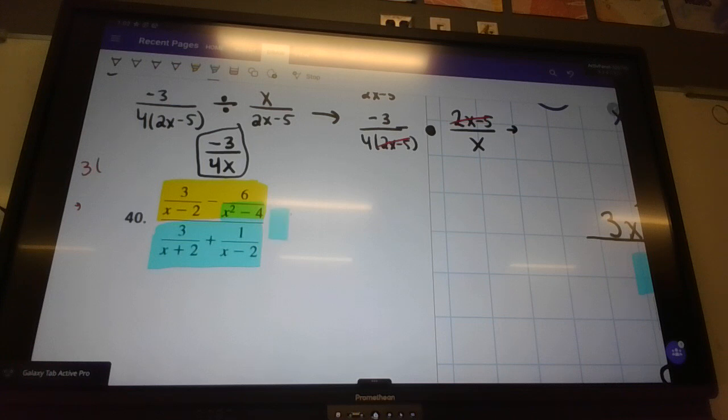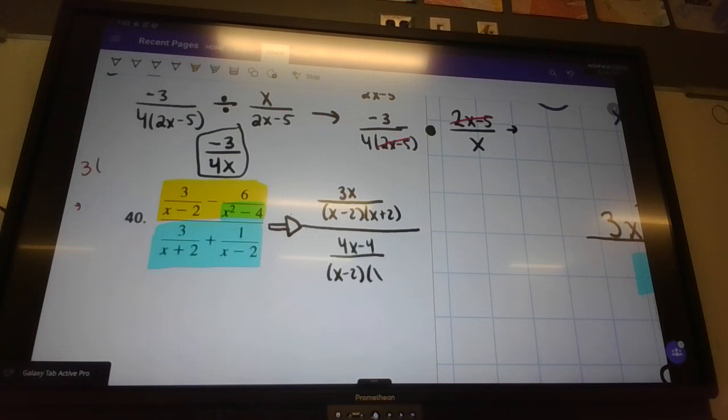Okay, so I'm going to rewrite the problem. The top we said was 3x over x minus 2 times x plus 2, the huge fraction bar, 4x minus 4. Okay, and so now we're going to undo the complex fraction.